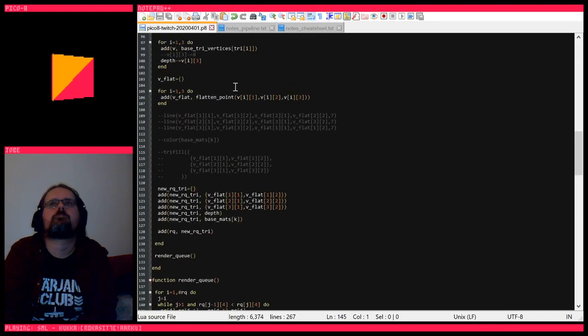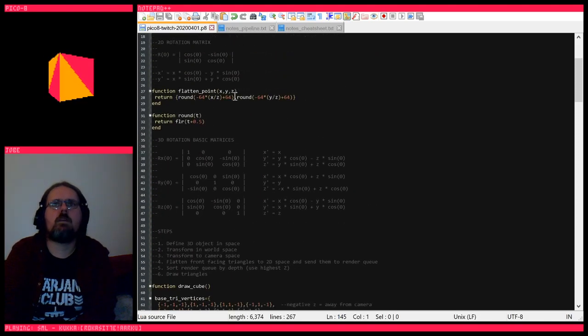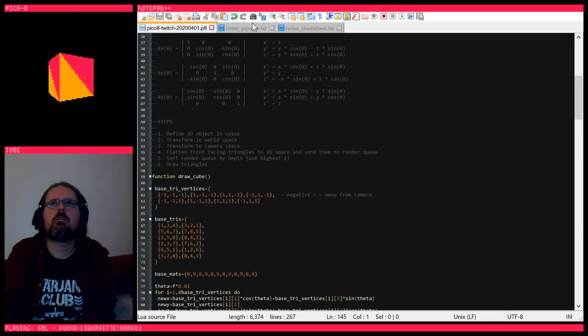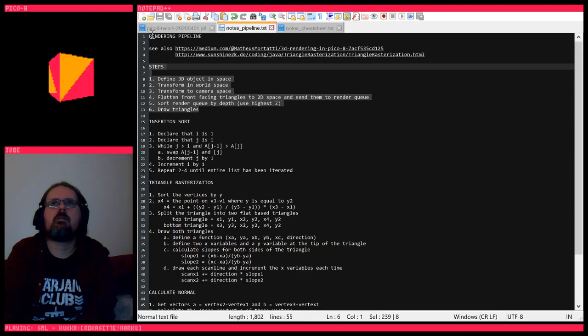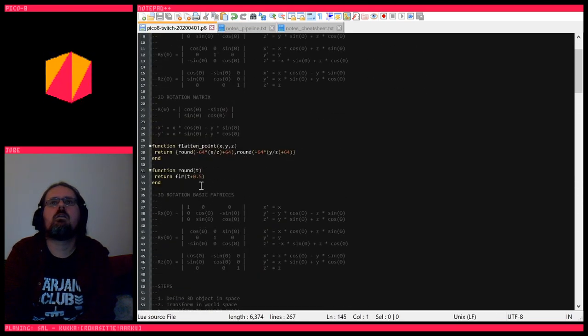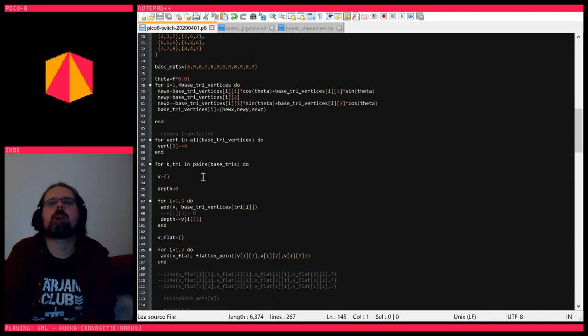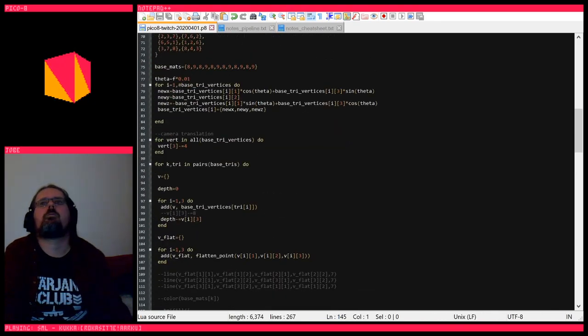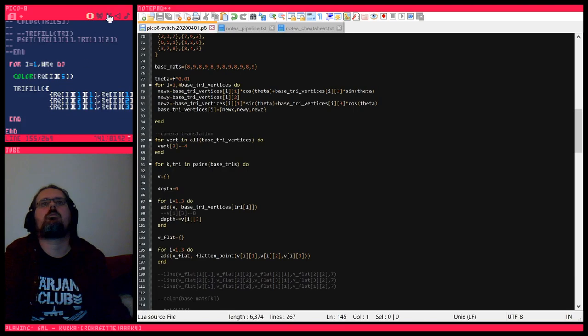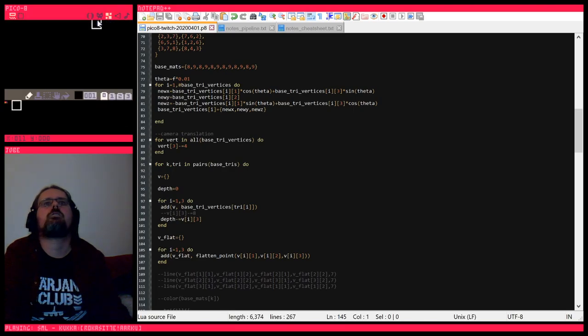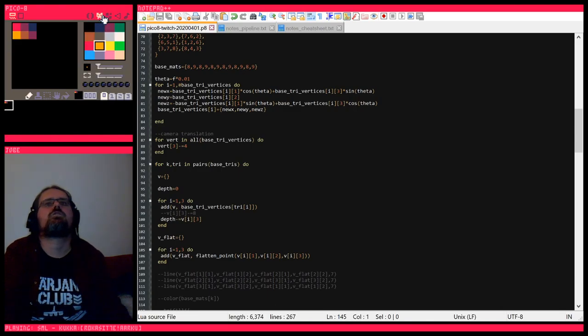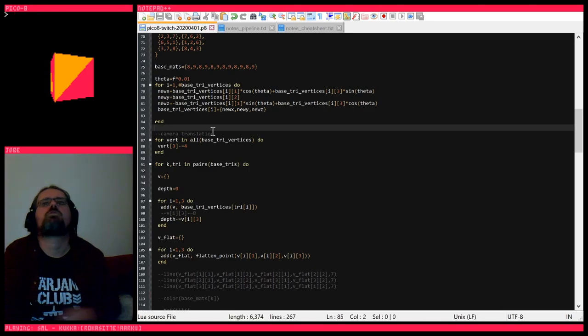So I'm going to try to implement shading, and as you can see, we have our colors defined here already. So let's use those.